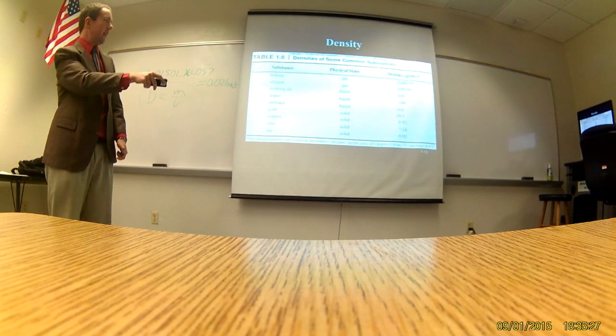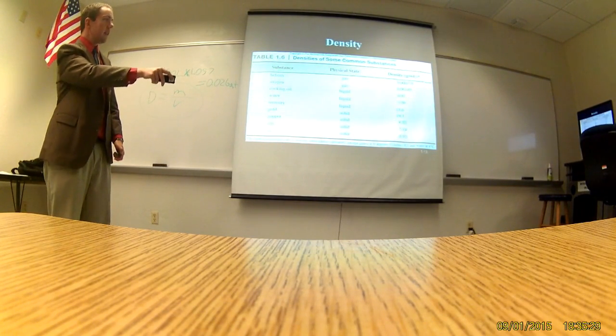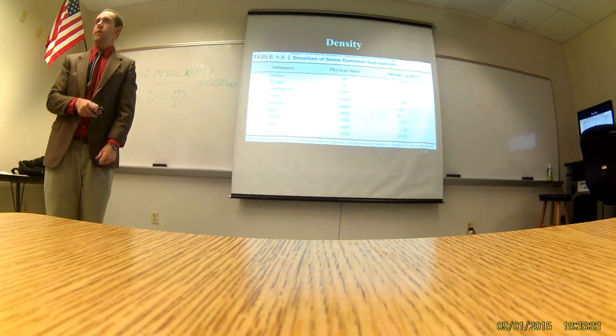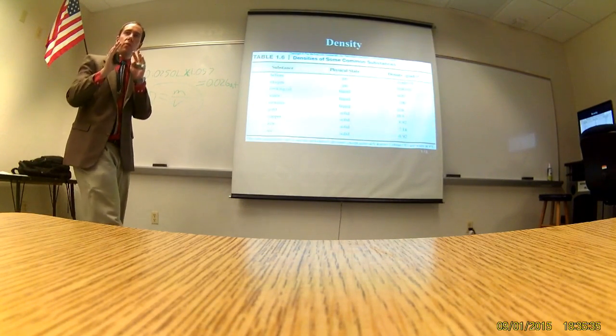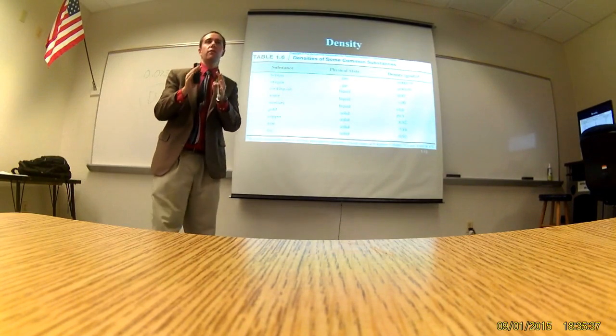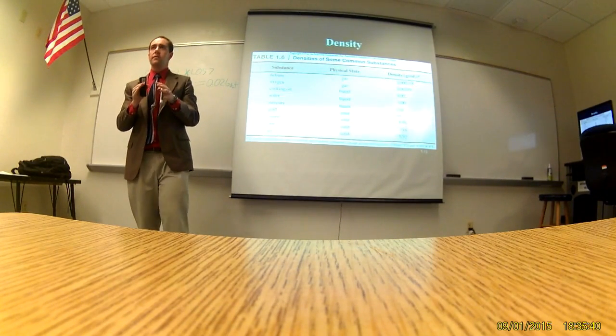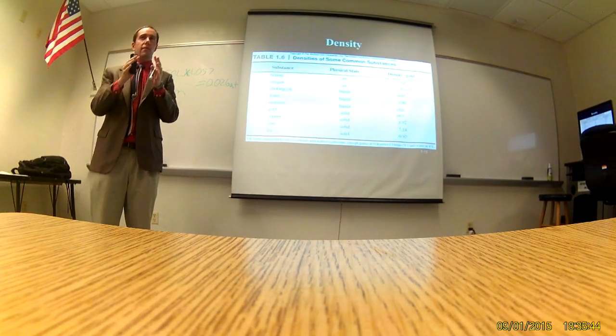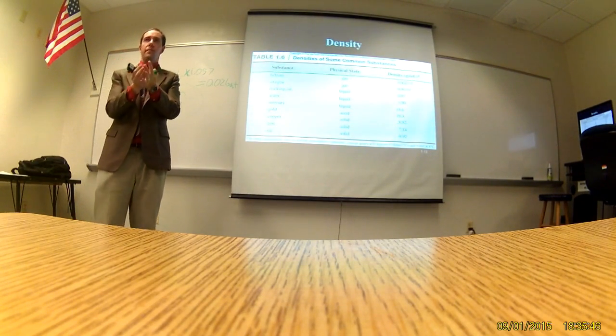But when we start looking down here, these are actually less dense than the liquid mercury, right? So in general, solids are more dense than liquids, but there are certainly exceptions. It really depends on what type of sample you have.